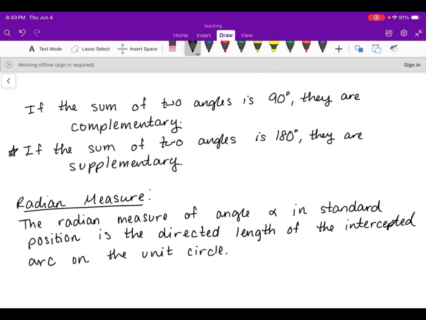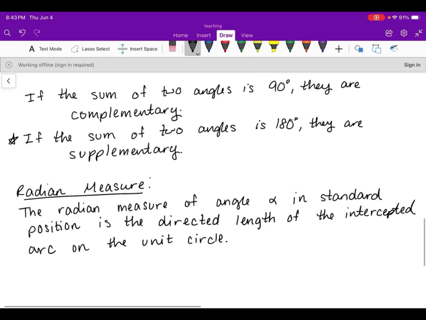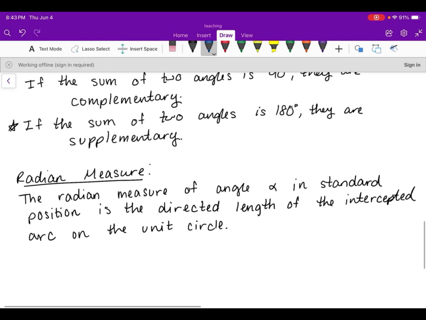And of course, I would like to explain to you what this means. First of all, you may not know offhand what the unit circle is. The unit circle is a circle with a radius equal to 1.